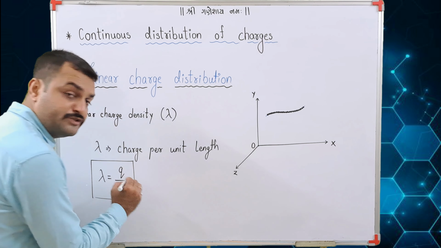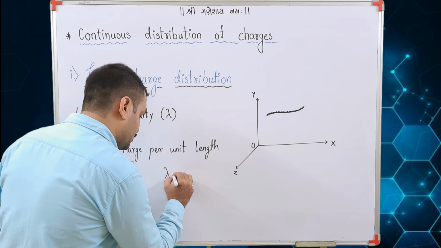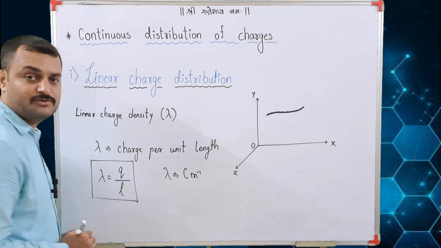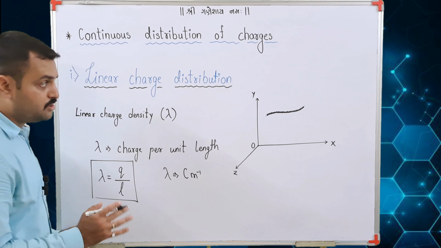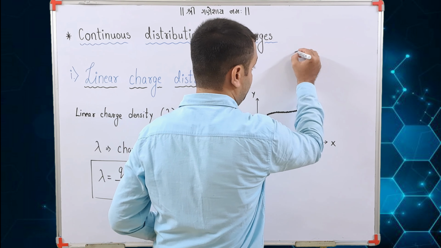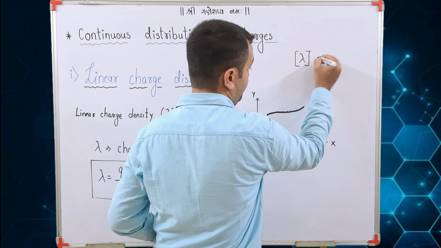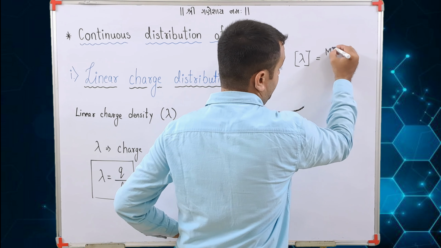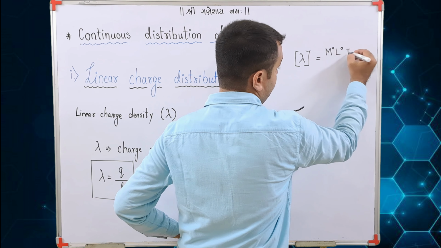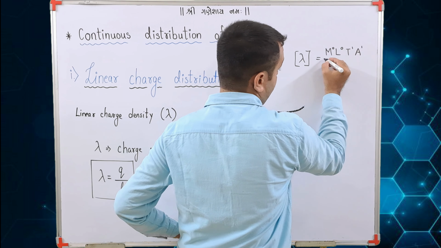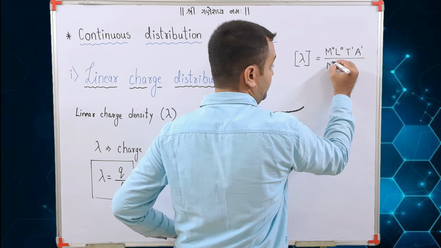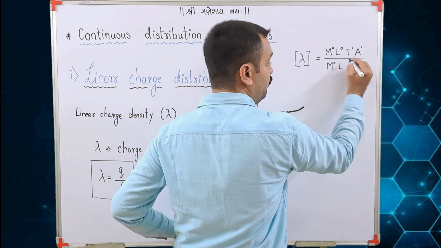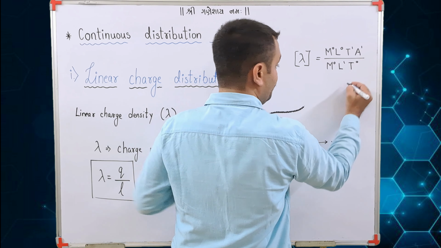Now from this you can have the unit also of lambda. So unit is coulomb meter inverse. And if you want to go for dimensional formula, let's come over here. We all know that charge is given by M0 L0 T1 A1, whole divided by length, which is M0, sorry, L1 T0.